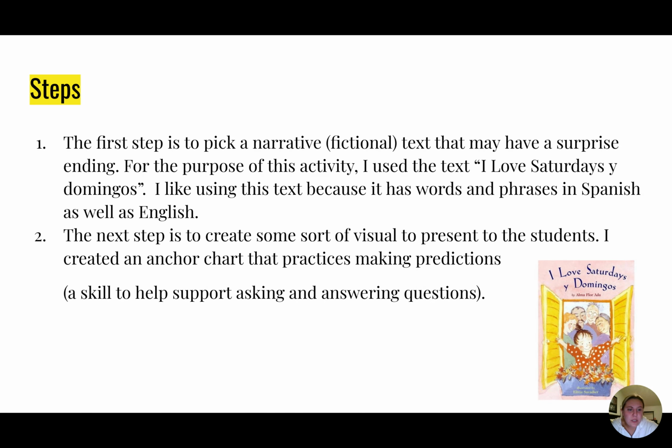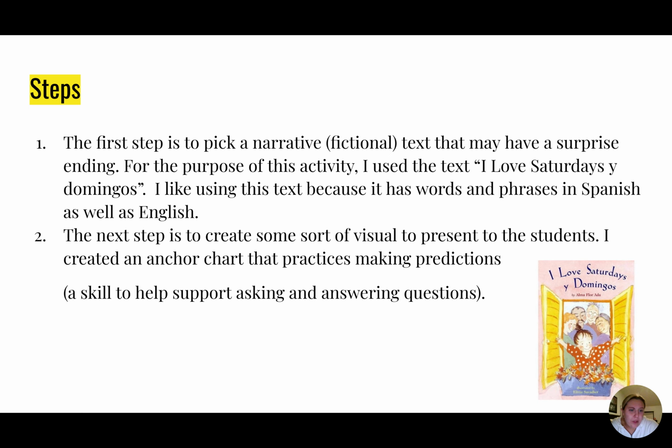The steps to complete this are as follows. So the first step is to pick a narrative or fictional text that may have a surprise ending. For the purpose of this activity, I used the text I Love Saturdays y Domingos. And this book is part of our curriculum, ReadyGen, but I also like using this story because it has words and phrases in Spanish as well as in English.